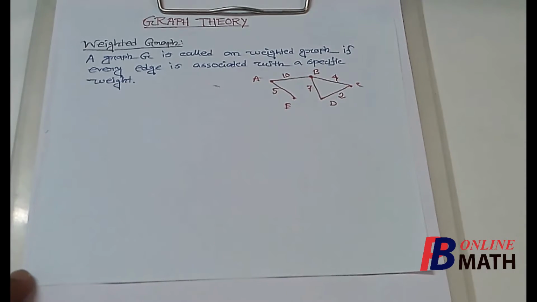Now in a weighted graph, we shall find the shortest distance between any two vertices.